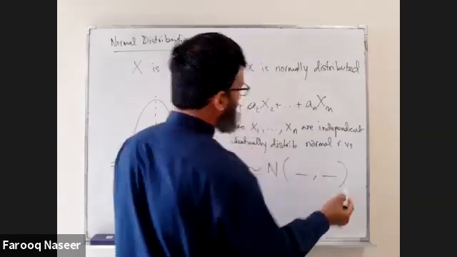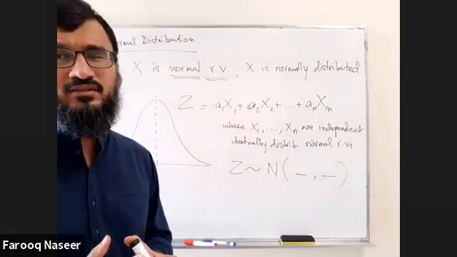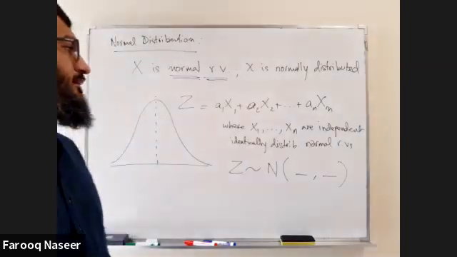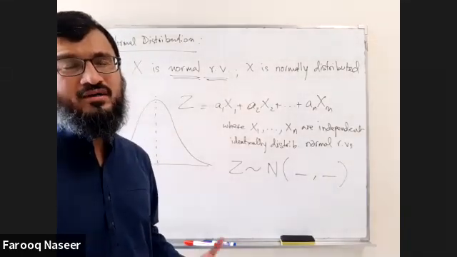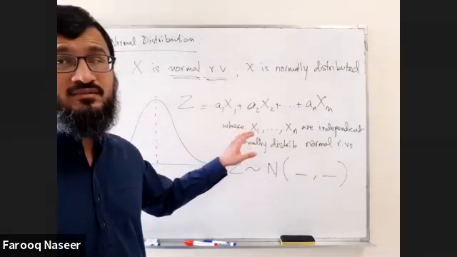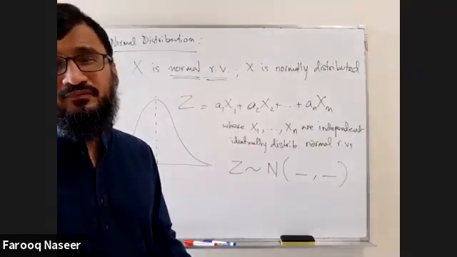So basically, if you add different normal random variables together, you get another normal random variable. That is not at all obvious thing, and that's not something that holds for other kind of random variables.